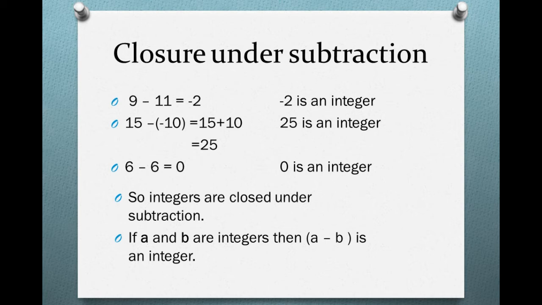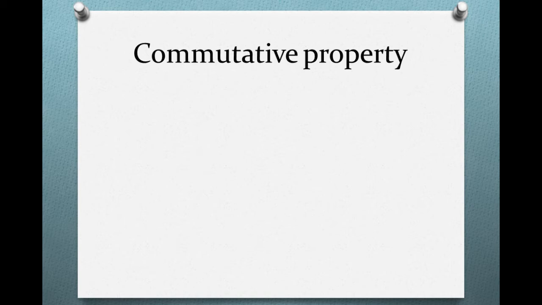Next, we will go through commutative property. Look at the following sums. We have 5 plus -2 equal to 3. If we change the order of addition, it will become -2 plus 5, which is again 3. So we can say that 5 plus -2 equals -2 plus 5.